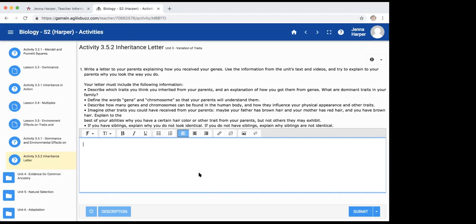Okay, so we're going to talk about siblings now. So it says, if you have siblings, explain why you do not look identical. If you do not have siblings, explain why siblings are not identical. So... always has, I'm not sure about my dad. Okay, cool. All right, so does anybody in here have a full sister?